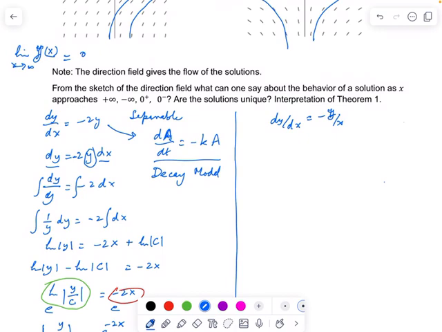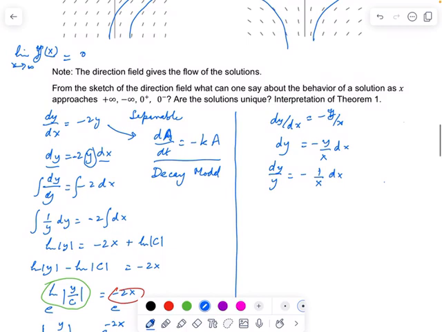So notice here that we have dy equal to negative y over x dx. So x and dx will stay on the right hand side, and we should get the y to the left hand side. So we get dy over y equal to negative 1 over x dx.